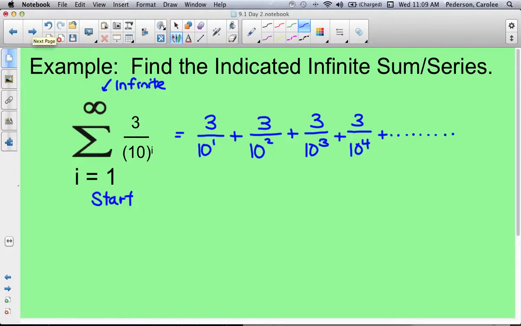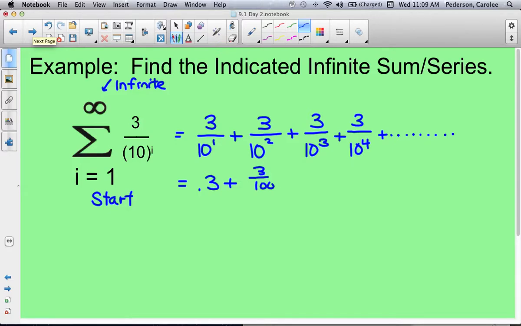So 3 over 10 as a decimal value is 0.3. And then 3 over 10 squared, remember 10 squared is 100. So 3 over 100, and 3 over 100 is 0.03.